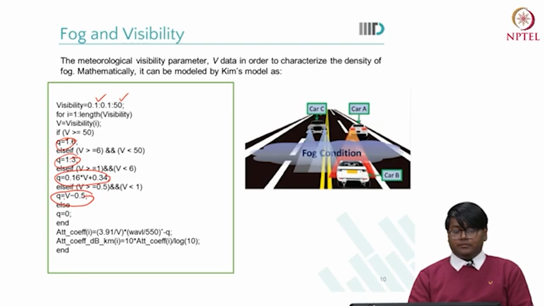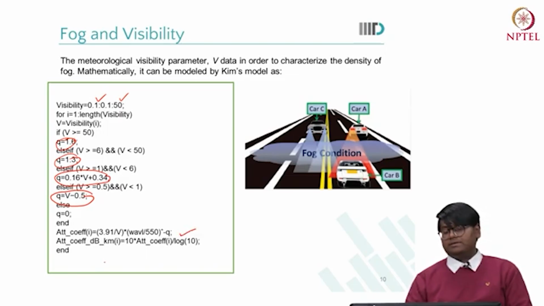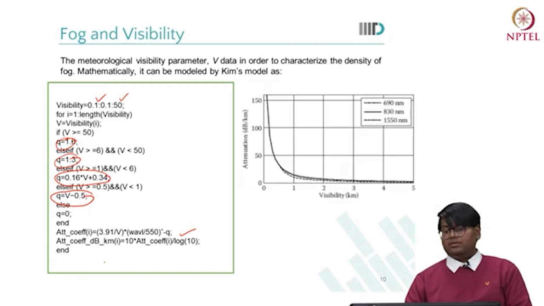Then this is how we implement the attenuation coefficient, and we obtain the attenuation coefficient in dB per kilometer. So, finally, what we obtain is the following result. This is the attenuation as a function of visibility.